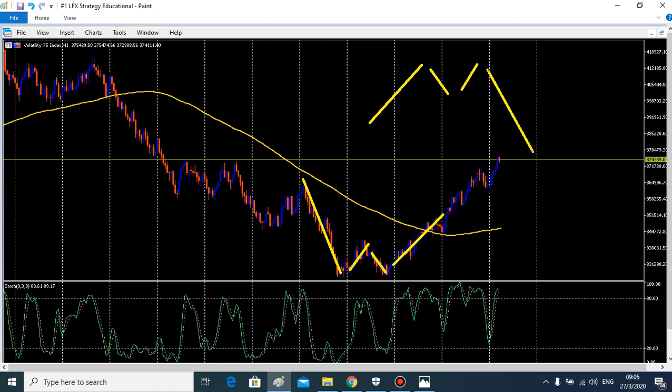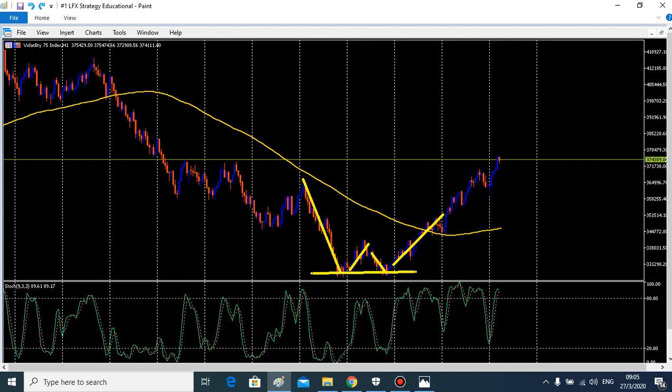So price has been going up, and then it hits the top, comes back, hits the top again. At times it can even go beyond. But today we're going to be focusing on the V75 W formation, which was formed earlier this week.